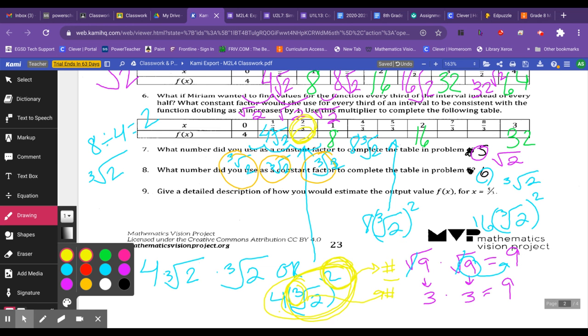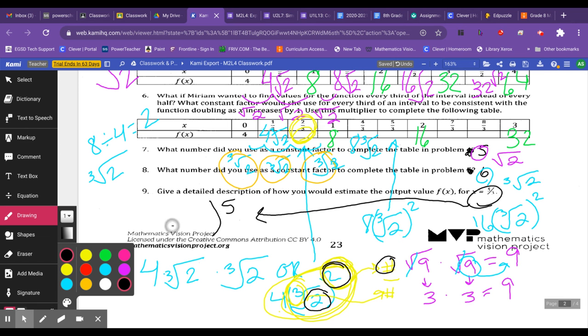So if I take that rule and look at 5/3, I'm running out of space. I'm going to go over here. So my numerator is the power. So 5 must be my power. And I know it's a root of 2. And the denominator, the bottom number, is 3. So I'm going to put that as my root.